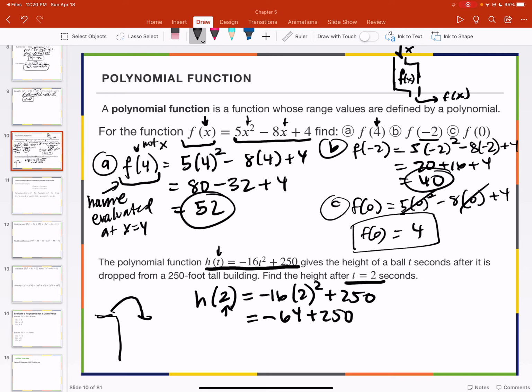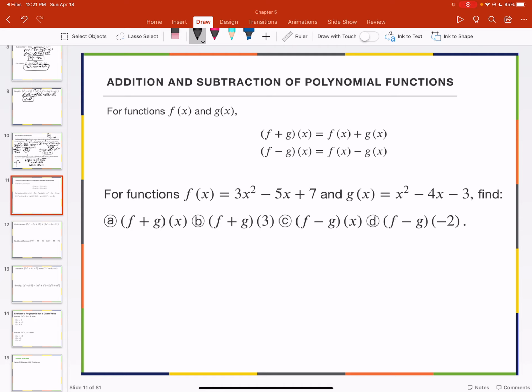In other words, what's 250 minus 64? That's the same thing, 186. So h of 2, the height of the ball after 2 seconds, is 186 feet. I'm thinking, yes. All right. Okay, let's continue.